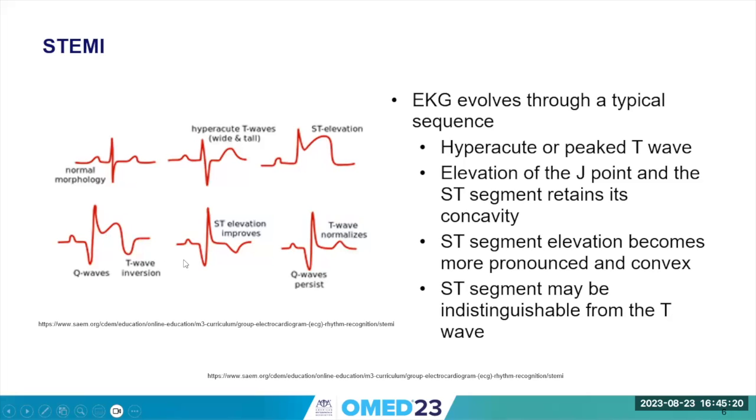Just know that the ST segment may become indistinguishable from that T wave. It kind of all melds together. And then on improvement in reperfusion, you'll see the inverted T wave here. The ST elevation improves and there's some T wave inversion. And then of course you have normalization with a persistent Q wave due to that overall damage.